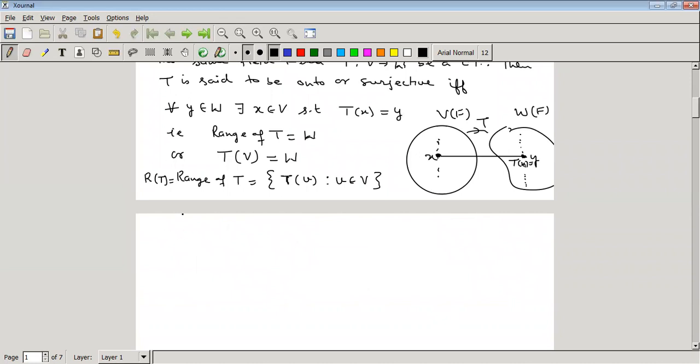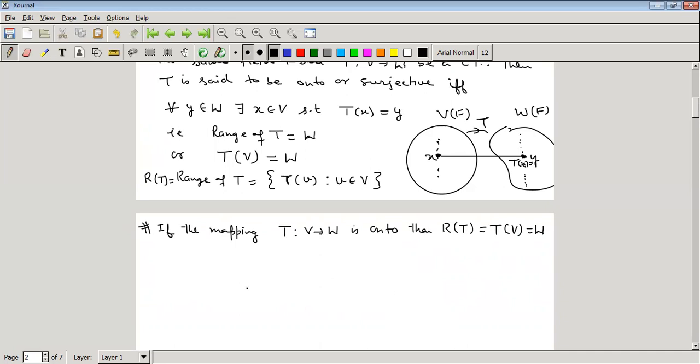So what we conclude from this is, if the mapping T from V to W is onto, then the range of T is equal to T of V, the whole vector space, and that is equal to W. So this is another definition of onto transformation: a mapping T from V to W is said to be onto if the range of T is equal to the whole codomain.